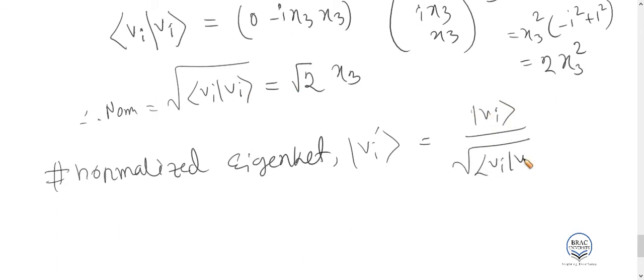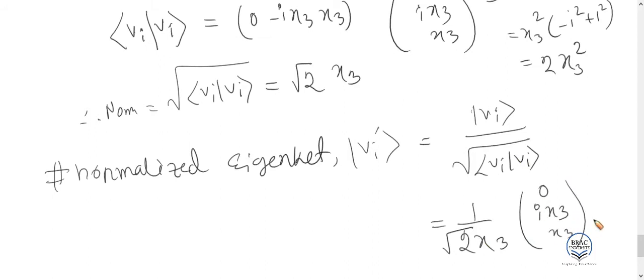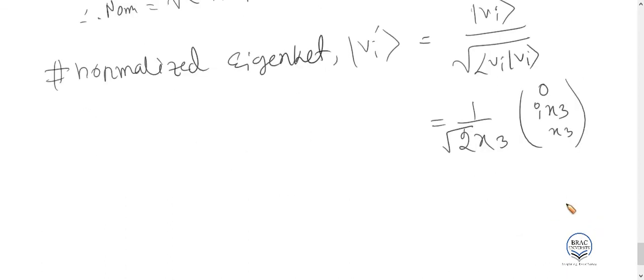That is, you take the vector and divide it by the norm, so that this normalized eigenket will have a unit value. So let's write it as 1 over square root of 2 x3 times 0, i x3, x3. So now this is equivalent to just 1 upon square root of 2, times 0, i, 1.